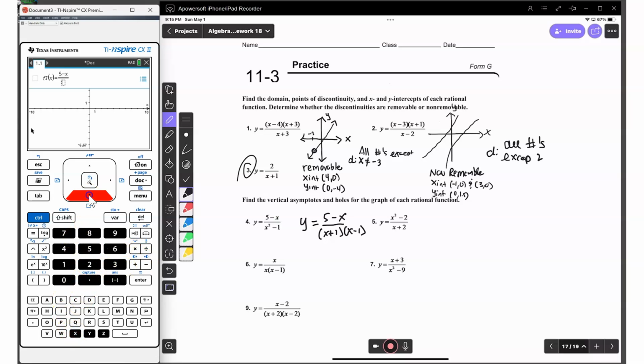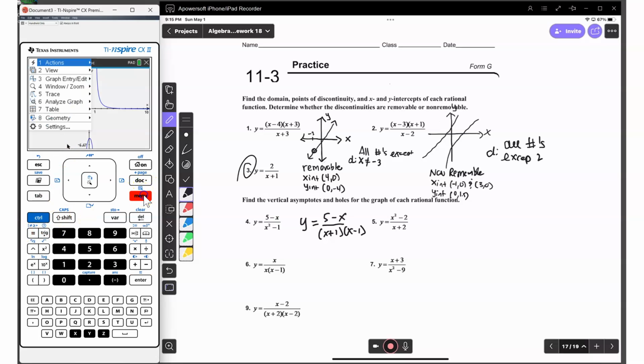And of course, the denominator is going to tell me where the asymptotes are. So we have x plus 1. And then we have x minus 1. And you notice that the vertical asymptotes occur where it's undefined.